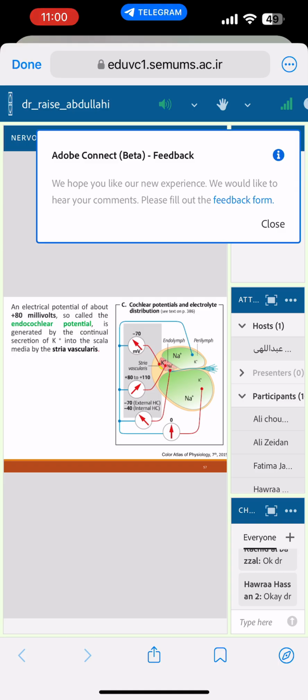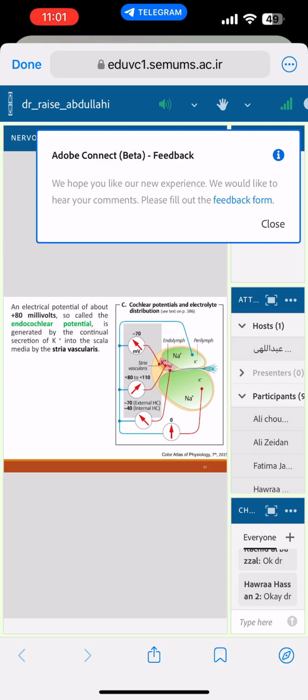So because of the continuous secretion of potassium ion into the scala media, we have about positive 80 millivolts endocochlear potential here with respect to the scala vestibuli and specifically scala tympani.